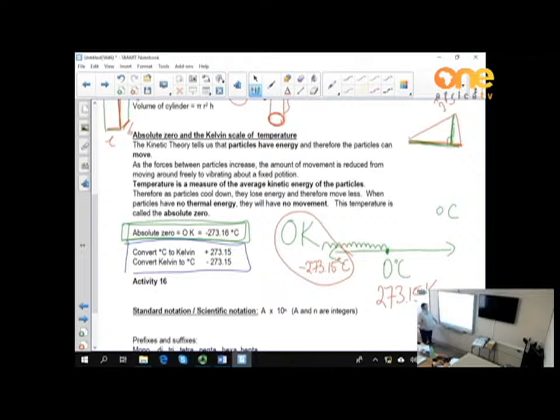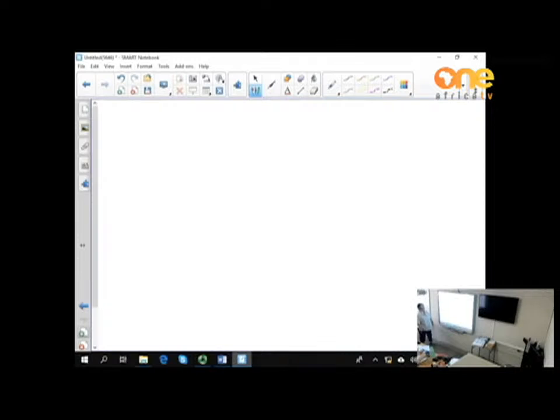It's very simple. 0 degrees Celsius is equal to 273.15 Kelvin. So to go from Celsius to Kelvin, you add 273.15. If you want to go from Kelvin to degrees Celsius, you simply subtract that. Let's say room temperature is 24 degrees Celsius.